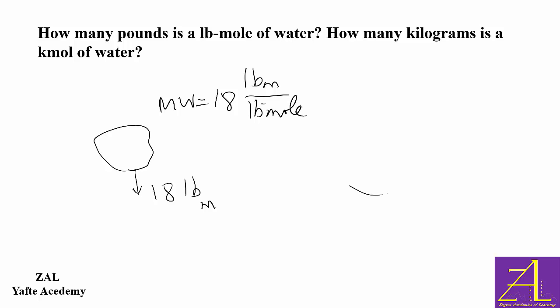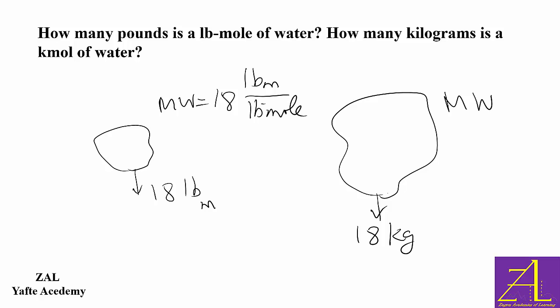Now, if I put together a kilomole of molecules of water together and weigh, this is gonna be 18 kilogram. Again, molecular weight of water would be 18 kilogram per kilomole.